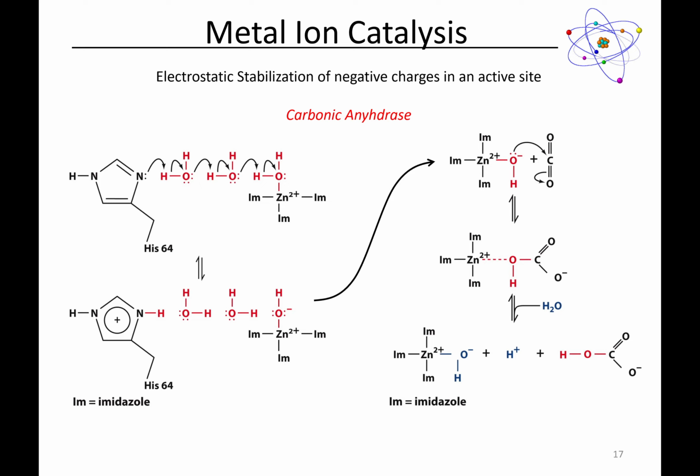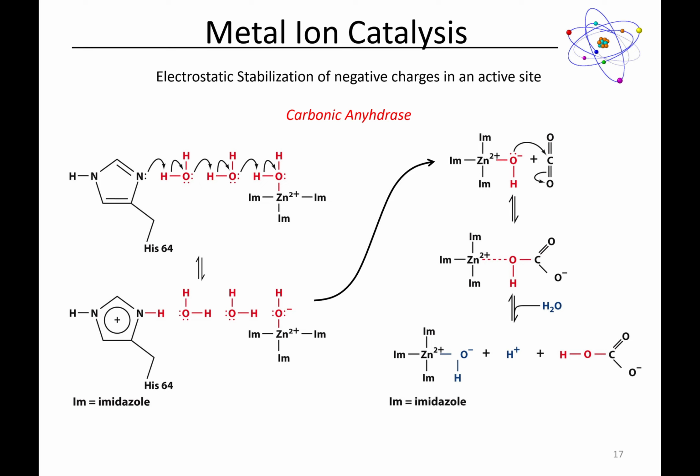And then the reverse can happen also, right? In the reverse, you have a water, these electrons move down, releasing hydroxide, and then all of this moves in reverse. Okay, so this is just one more example your book shows of how acid-base catalysis works: a general base linked to the rest of the active site by structured waters.